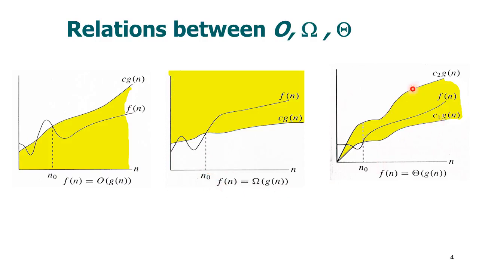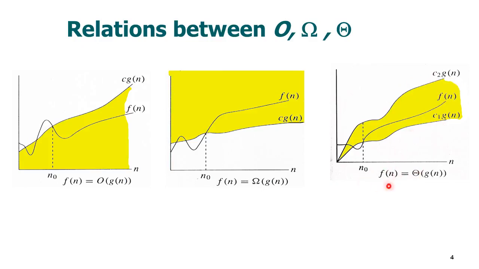The third graph represents the theta notation. Theta notation means average case. Average case means there may be an upper limit and a lower limit, and the function f(n) may be in between the two functions.